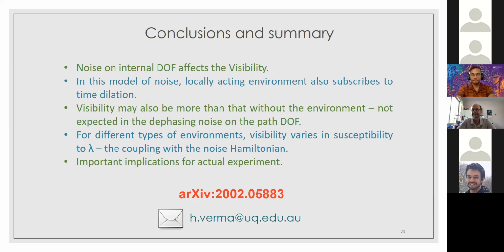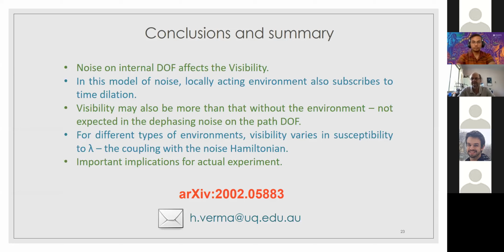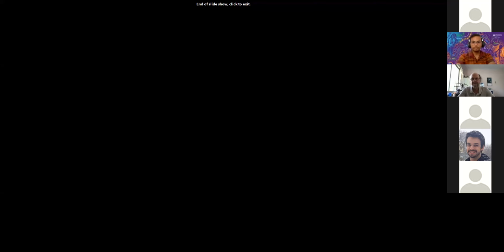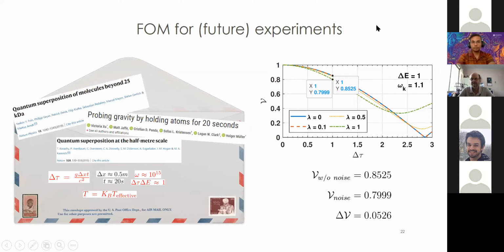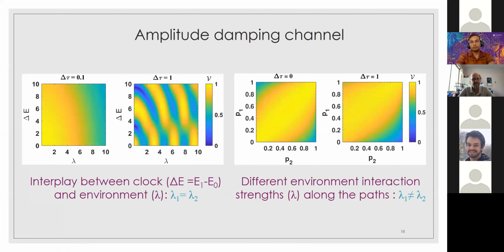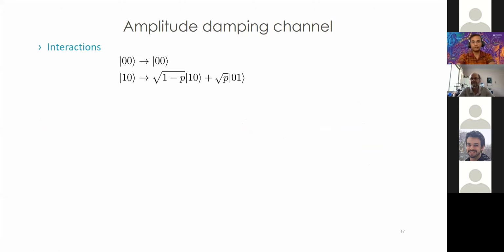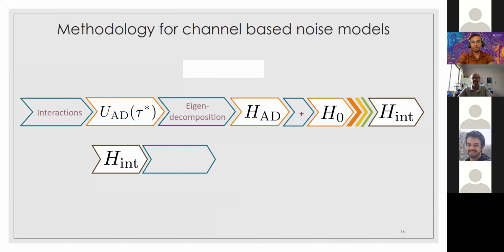Nick? Hi. I was wondering, you showed some results from your one-mode Jaynes-Cummings model, and I was curious if you had any results for multiple modes in the Jaynes-Cummings approach for the noise. Not really. The calculations that we have done are for a single mode case.